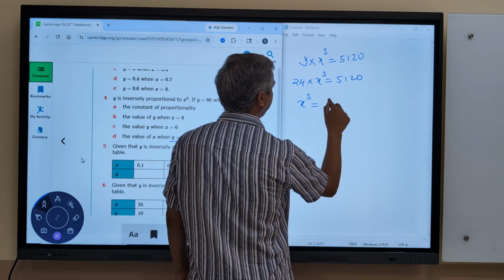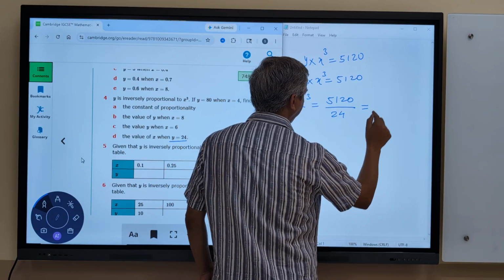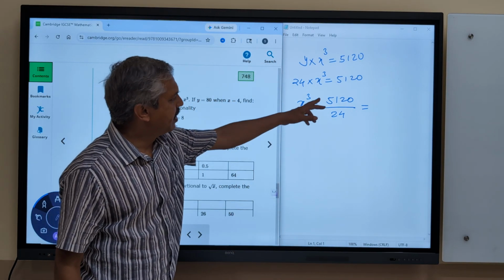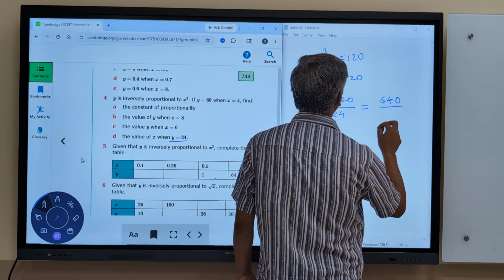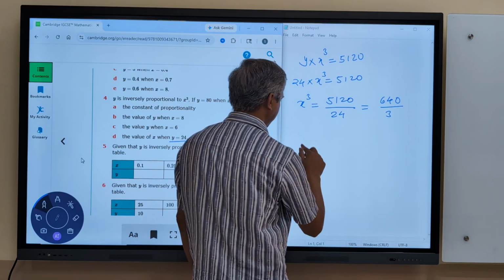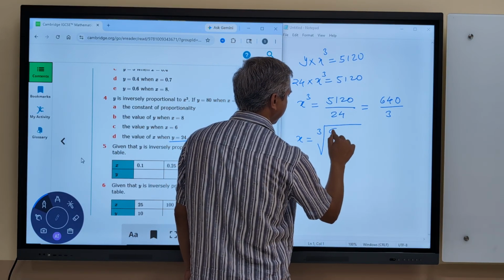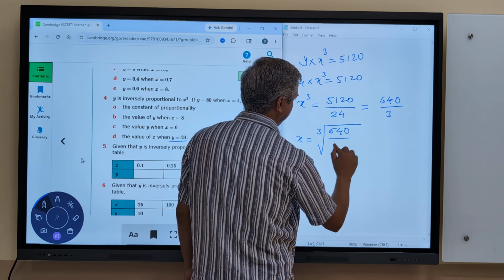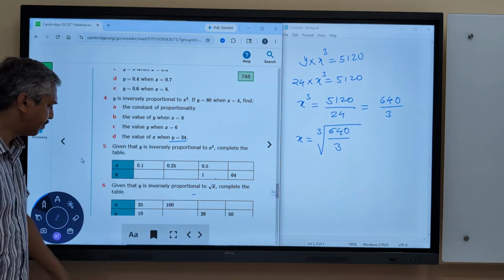X cube is equal to 5120 upon 24, which is 640 upon 3, and this cannot be divided further. So we get x is equal to the cube root of 640 upon 3. And that is good.